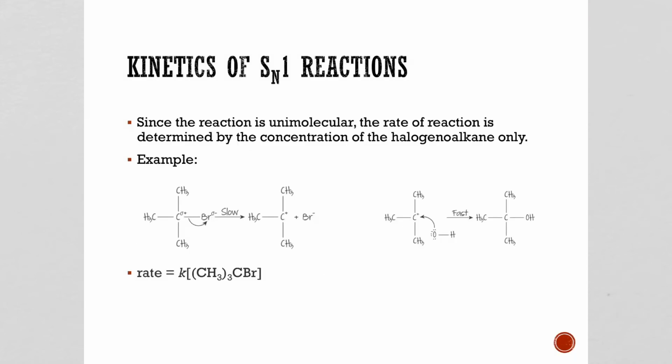So if we were looking at the kinetics of these types of reactions, because the reaction is unimolecular, the rate of the reaction is determined by the concentration of the halogenoalkane only. So in this example, the rate is equal to the rate constant times the concentration of the halogenoalkane.